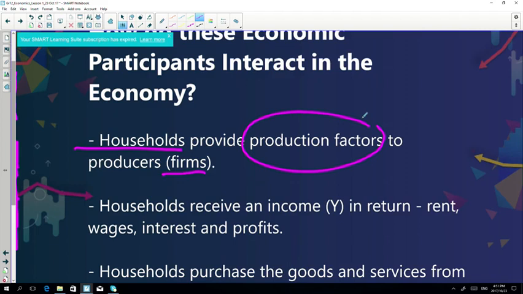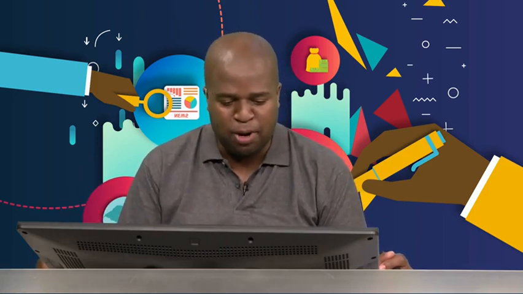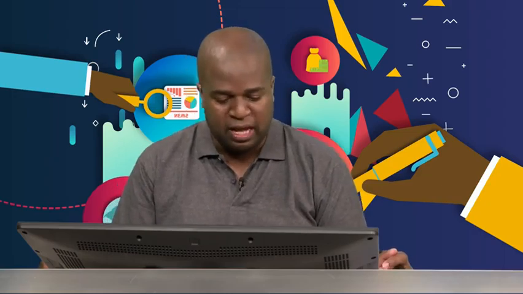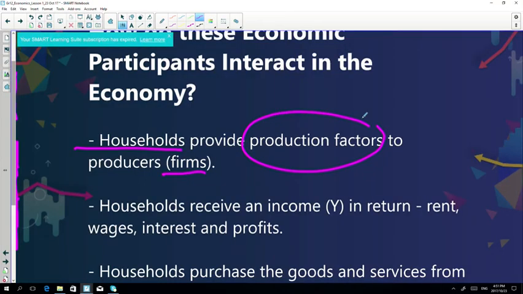You can't just rely on machinery. You need people to operate the machinery or the equipment during a production process. So we will provide the production factors to the firms in order for them to manufacture products that would be consumed by the households.